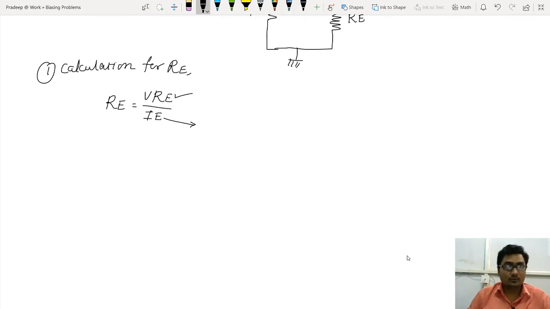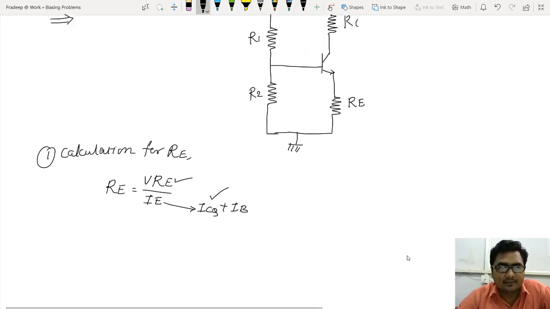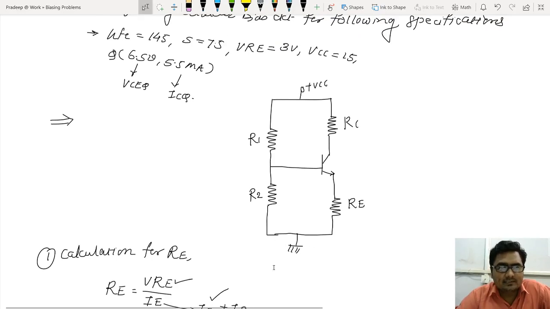Now how to calculate IE? We know that IE is given by IC plus IB. In a voltage divider bias circuit, as we are in biasing circuits, this IC will be ICQ. So IE is nothing but ICQ plus IB. This ICQ is given because the Q point is specified: 6.5 and 5.5.